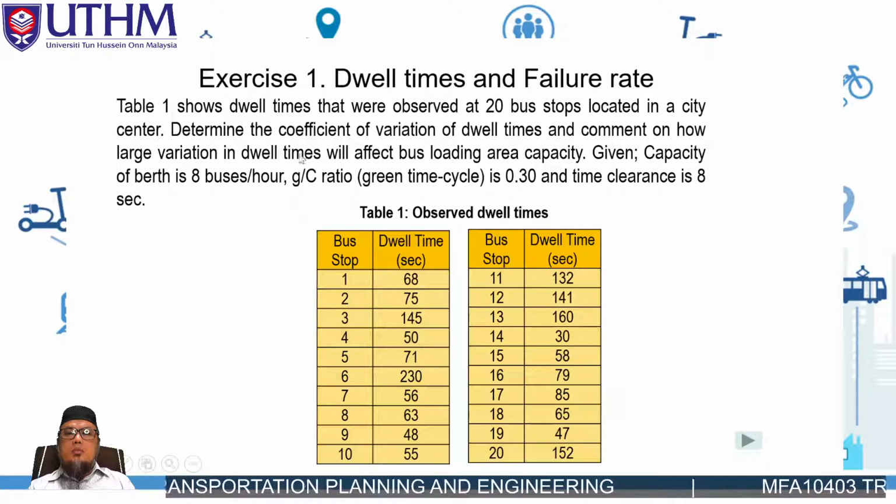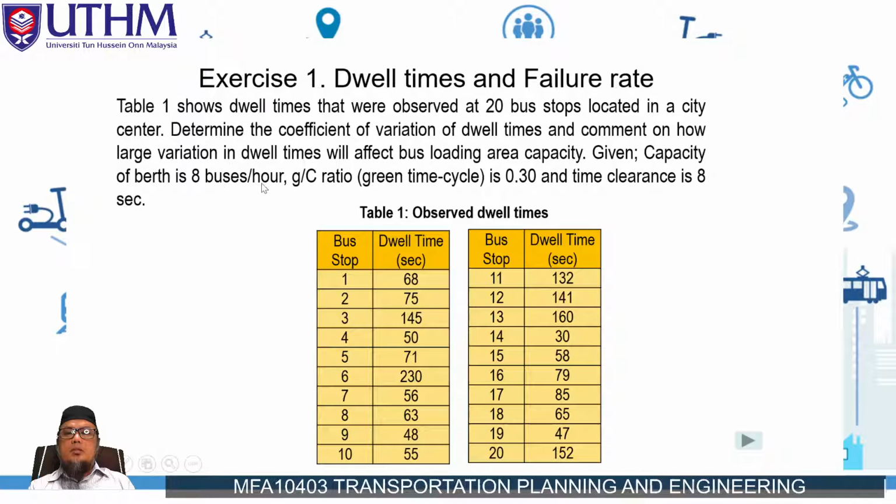Determine the coefficient of variation, which is CV. Later I will show you the dwell times and comment on how large variation in dwell time affects bus loading area capacity.